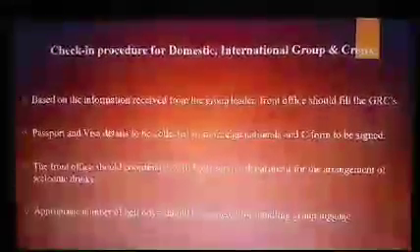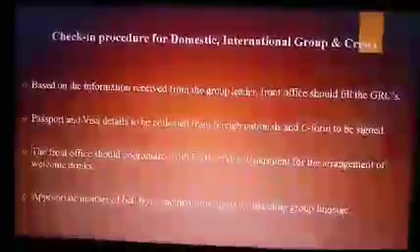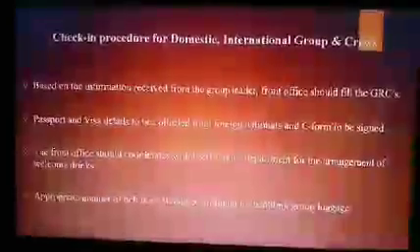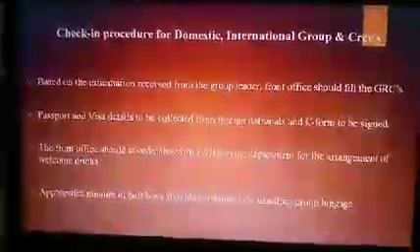Passport and visa details are to be collected from all the foreign nationals, and the C form is to be signed. You need to have a separate C form ready for the group, and you need to take all their passports and visas and take a Xerox copy of the same to attest it with the C form, as we need to send the C form to the police station after the group checks in at the hotel.